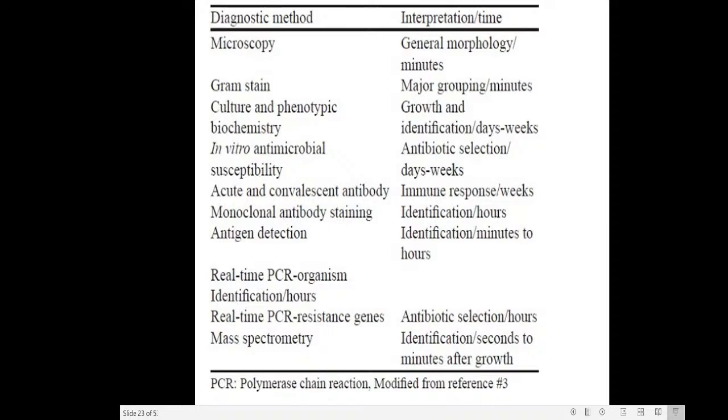Then real-time PCR, which is also a legendary one for antibody detection. Mass spectroscopy is helpful for the diagnosis of compounds. PCR is the polymerase chain reaction. You may have heard that word on TV also, because this RT-PCR, the real-time PCR, is helpful for the detection of our products.